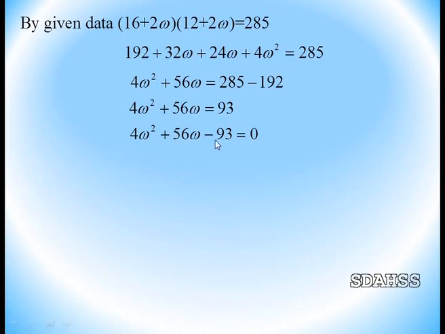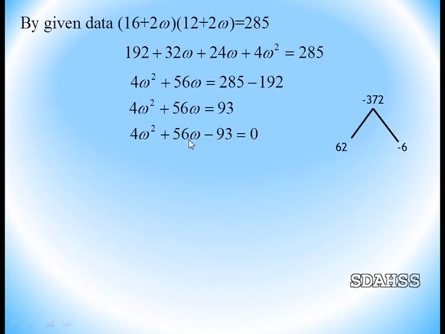So 4 into −93, so you have −372. Here the sum is 56 and the product is −372. −372 can be written as 62 and −6. If you add, you will get 56. If you multiply, you will get −372.